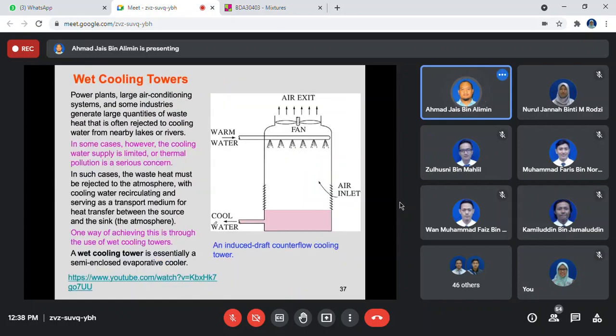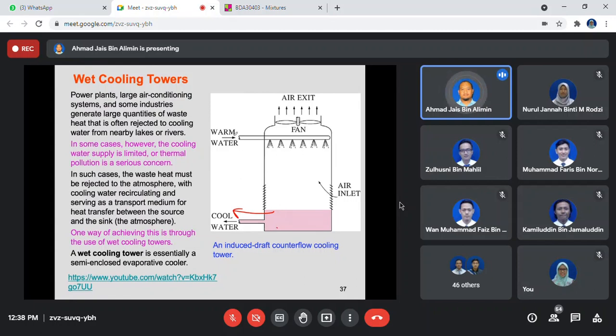Next is the cooling tower process. Why do we have the cooling tower? Because the purpose of the cooling tower is to cool down the steam escaping after the turbine expansion process, and then collect the cooled steam so that it becomes liquefied into water, so that we can put it back into the steam power plant.